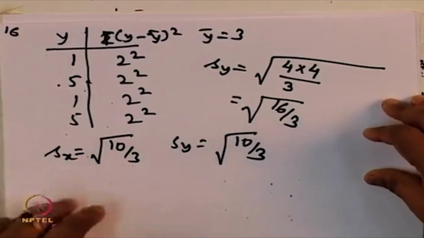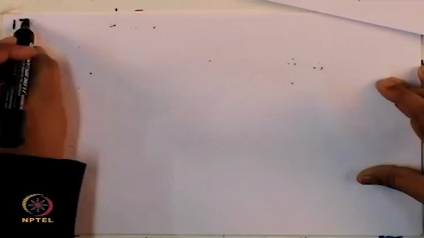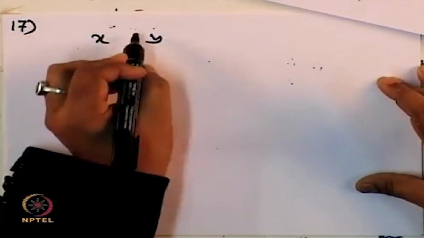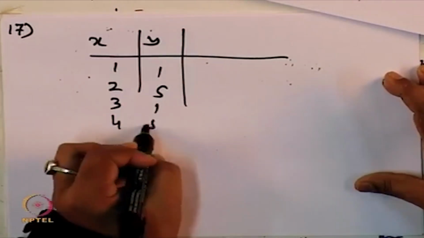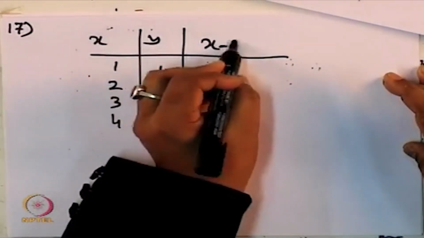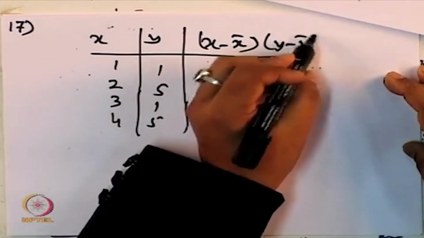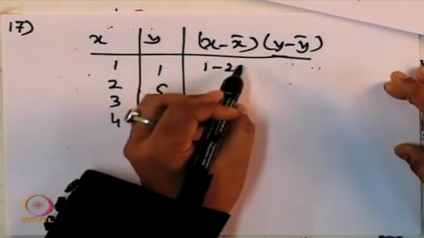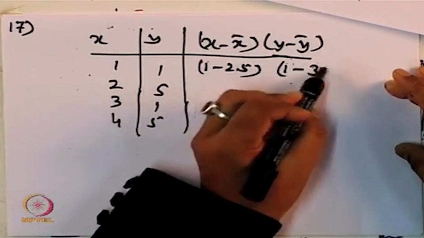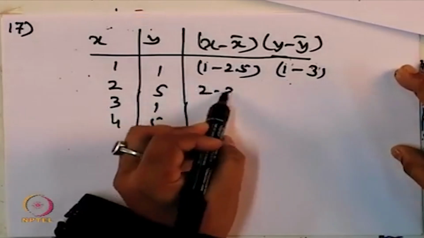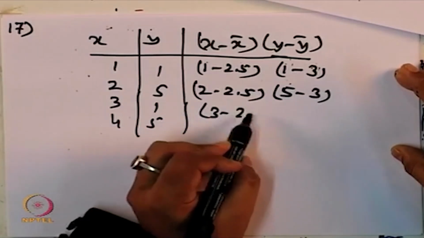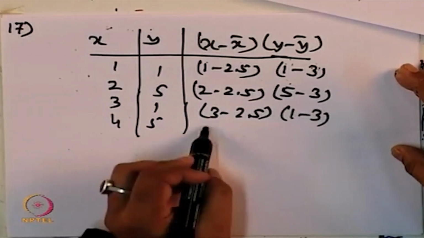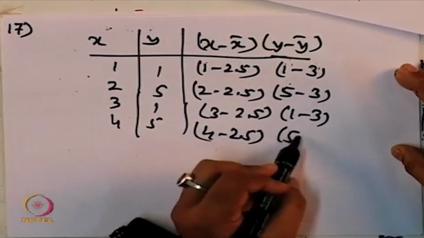Now we want to find out Sxy. Okay. So let us take another piece of page. We have x values 1, 2, 3, 4 and y values 1, 5, 1, 5. So we compute 1 minus 2.5 into 1 minus 3, 2 minus 2.5 into 5 minus 3, 3 minus 2.5 into 1 minus 3, and 4 minus 2.5 into 5 minus 3.